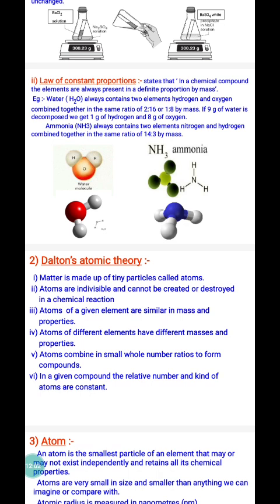The last one: in a given compound, the relative number and kind of atoms are constant. For example, water is a compound, H2O. In it, the relative number and kind of atoms, the number of hydrogen and the number of oxygen, are always constant: 2 atoms of hydrogen and 1 atom of oxygen.